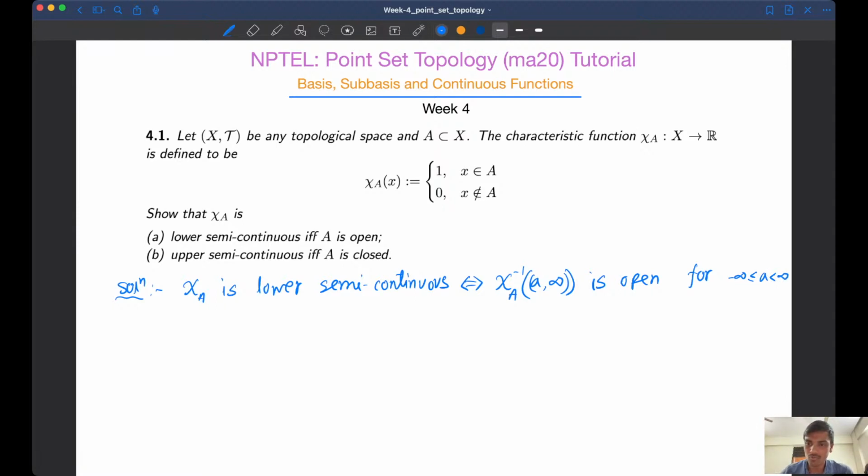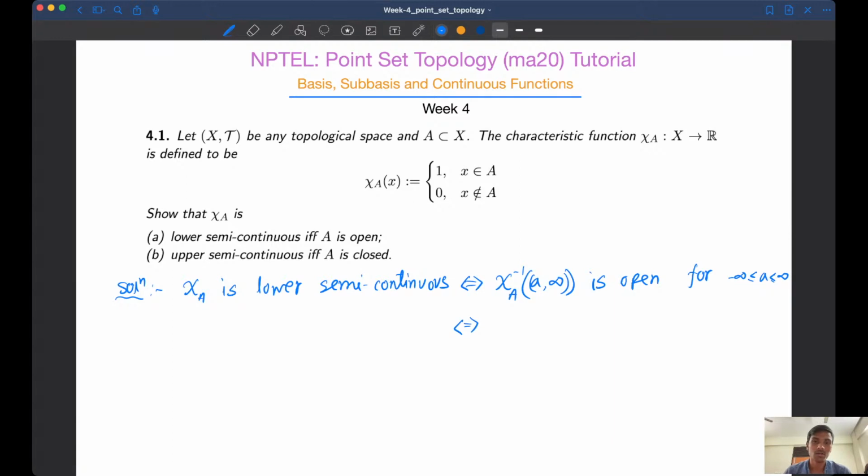Okay, maybe we can put equal to infinity also; infinity will mean that it is phi. So suppose this is happening for all a, but chi takes only the values 0 and 1.